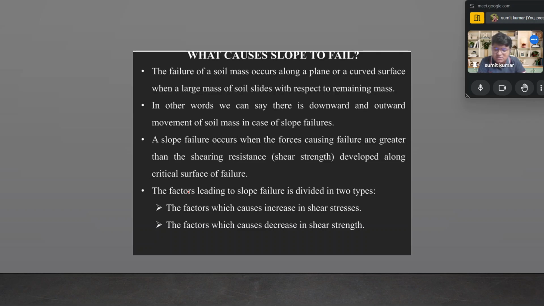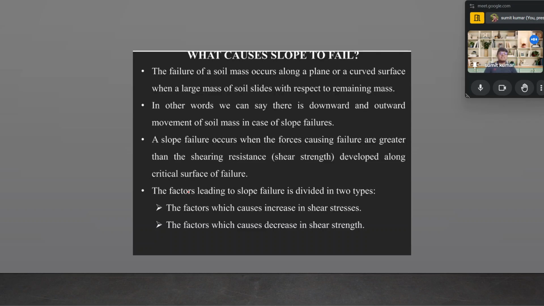In other words, there is a downward and outward movement of the soil in the case of slope failure. So, in this regard, we could say that slope failure occurs when the forces causing the failure are greater than the shearing resistance. Shearing resistance is nothing but the shear strength developed along the critical surface of failure.